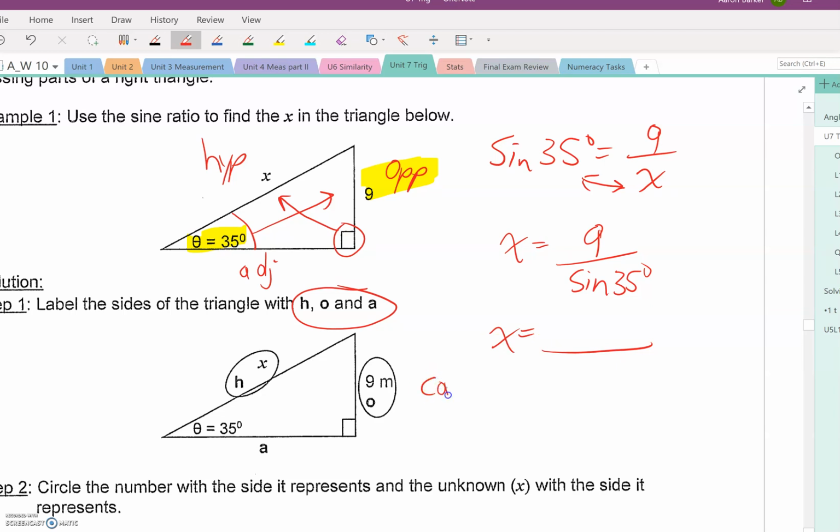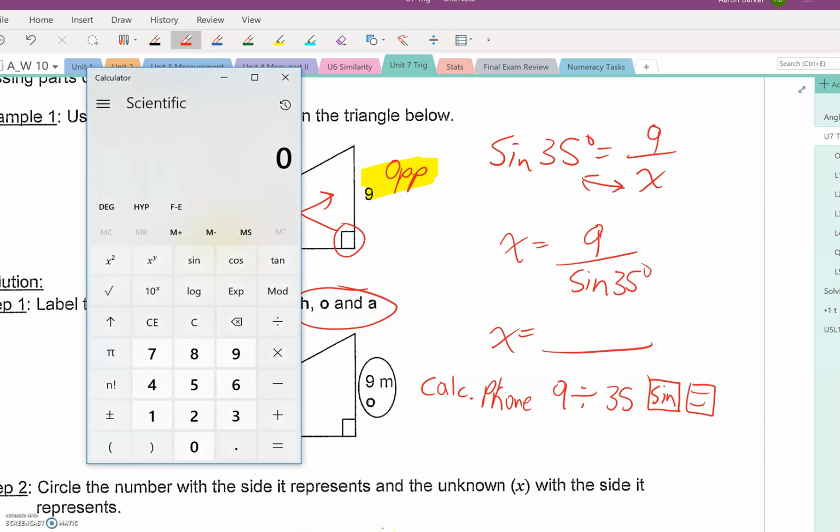On a calculator, if you're using your phone type calculator where you don't see the word, you will go 9 divided by 35 and then press sine, but that's only going to come up with sine 35. Then you have to press equals in order to do the division.